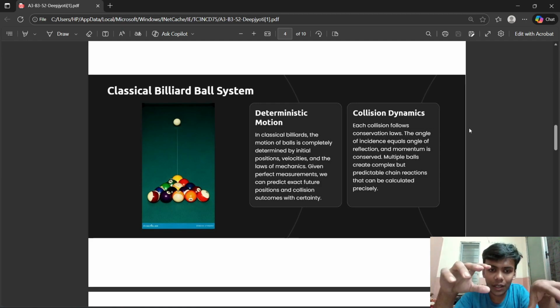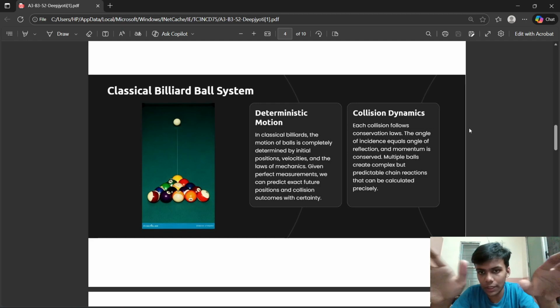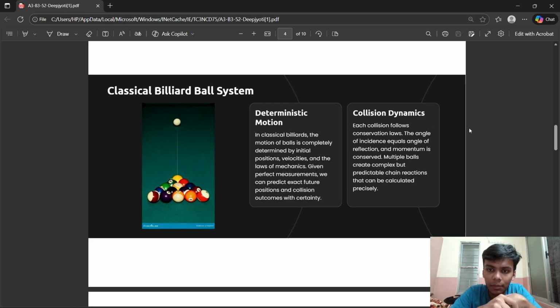This helps to determine the initial positions and mechanics at every point of time. In collision dynamics, each collision follows conservation laws. The angle of incidence equals the angle of reflection. Momentum is conserved. Multiple balls create complex but predictable chain reactions that can be calculated precisely. So this is the example we took here as a classical billiard ball system.